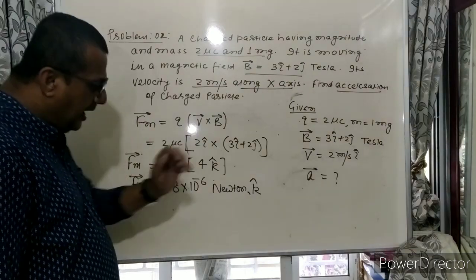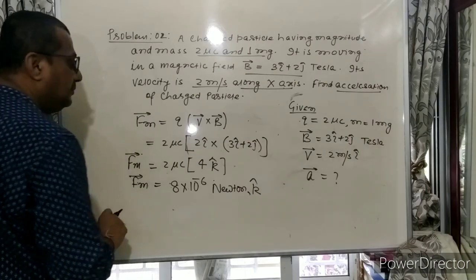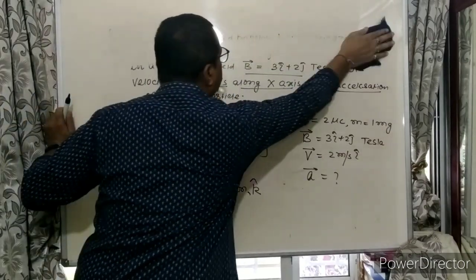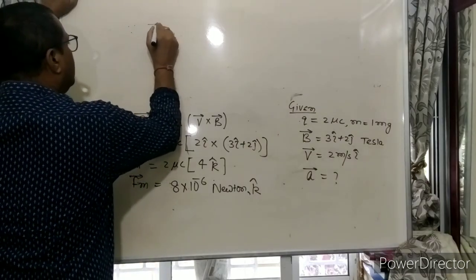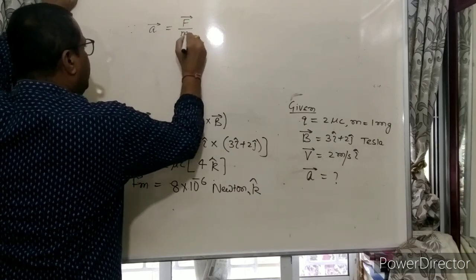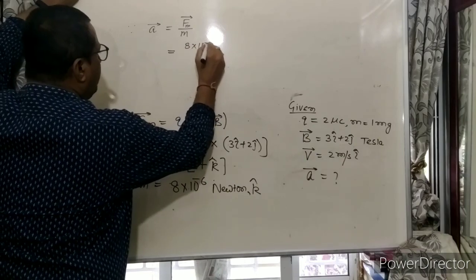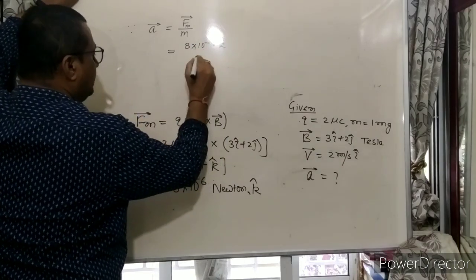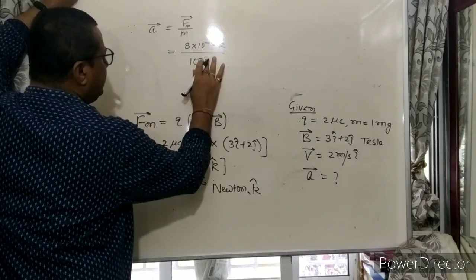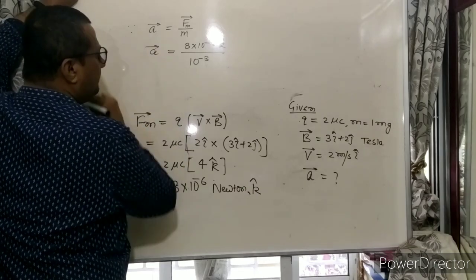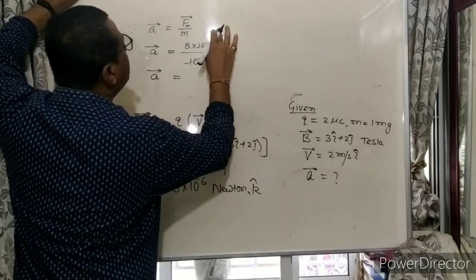Now we have to find the acceleration. A equal to F by M, so F, that is the magnetic Lorentz force, 8 into 10 to the power minus 6 K cap, divided by the mass, which is 1 milligram, that is 10 to the power minus 3.